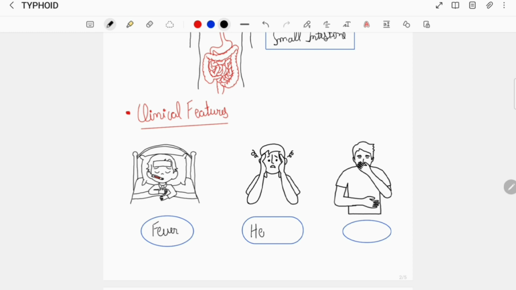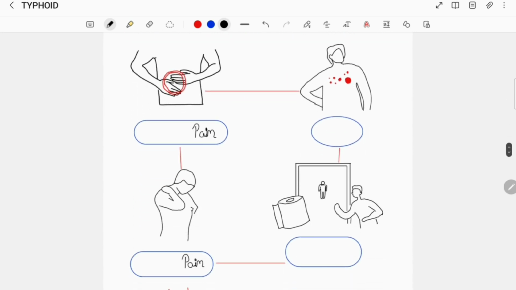Apart from this, the patient can complain of headache or can suffer from nausea or vomiting. Also, the patient can complain of abdominal pain or abdominal distension, and will have a particular rash known as rose spots on the trunk of the body.